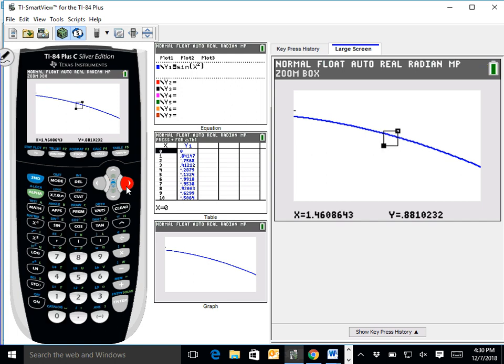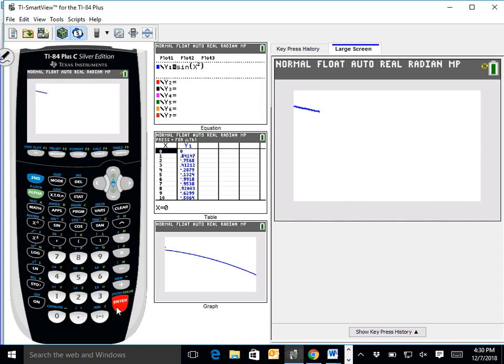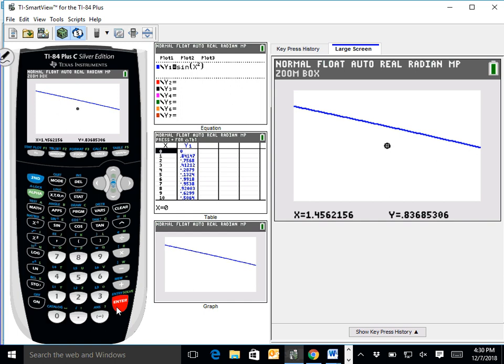I'll hit enter again. As we see now, the more and more we zoom in, my window now is very, very tiny. This graph right here looks very much like a line, even though it's the exact same graph that I've been looking at the whole time.